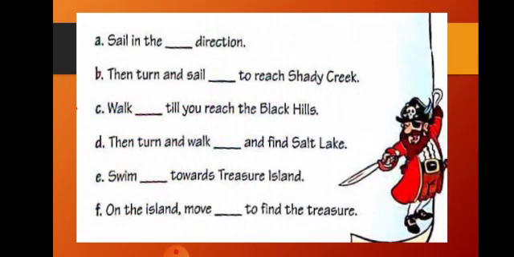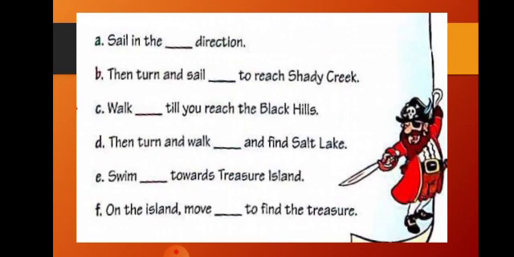Here you will have to complete the way to the treasure using the directions E, W, N, S, and NE, that is northeast, NW, that is northwest, SE, that is southeast, and SW, that is southwest. Now, see the picture on page number 45 and solve the questions displayed on the screen.